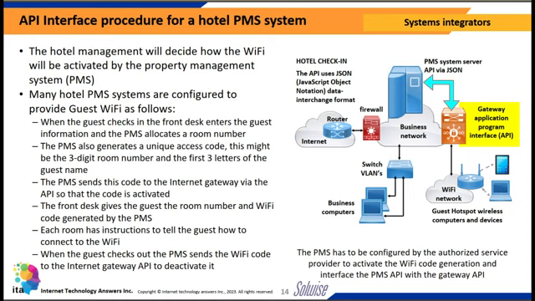This is at the point of check-in. Then that code will be given to the guest to use the Wi-Fi. When the guest checks out, the property management system will send that code over to the Wi-Fi gateway in order to disable the code, remove the code. So if you go to a Hilton, for example, this is what happens. You get the Wi-Fi code when you check in. As soon as you get the code, it's available for use. And the moment you check out, you no longer have access to the Wi-Fi.